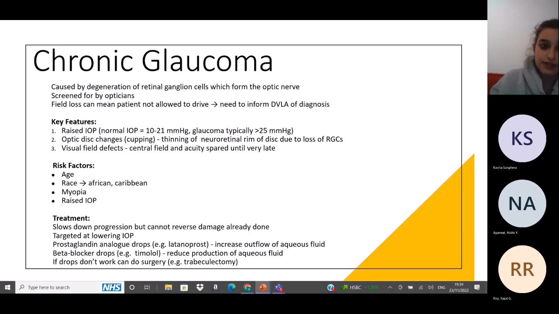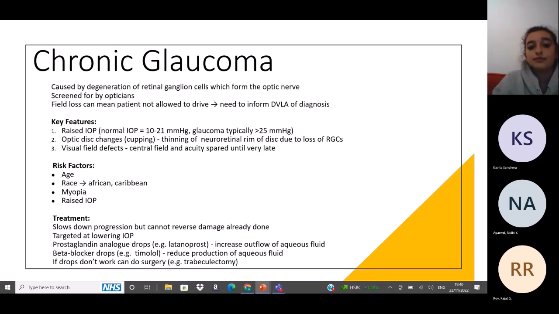Key features: you have a raised intraocular pressure, in glaucoma typically above 25, and you'll get changes to the shape of the optic disc. Usually the optic disc is bigger than it should be because you've lost the retinal cells around the edge, and you get visual field defects.